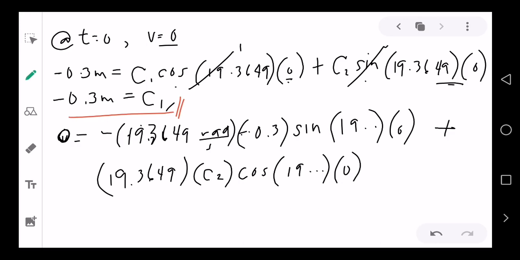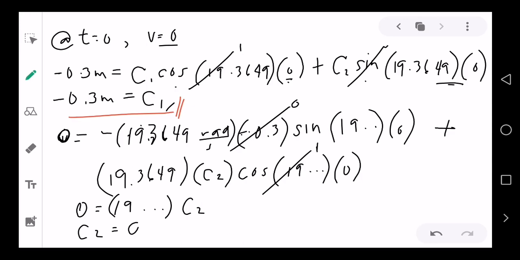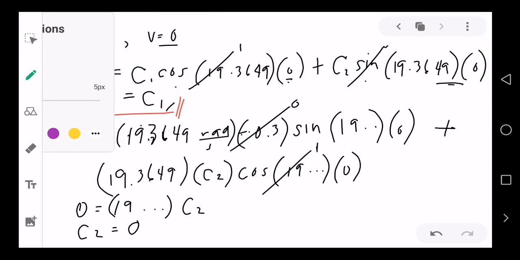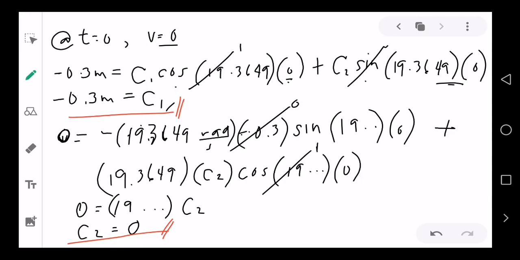Again, sine of 0 is 0 and cosine of 0 is 1. This is equal to 0. Therefore, zero equals 19 times C2. Therefore, C2 is equal to 0. Okay? I hope nakakahabol kayo.